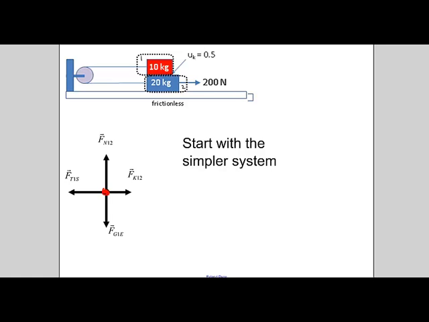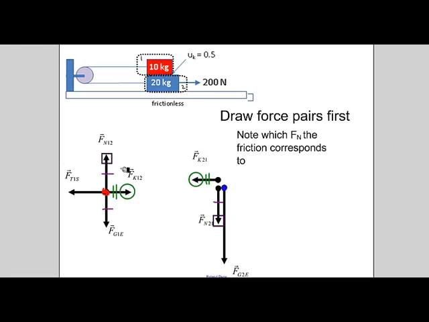The next thing we do is move on to the next force diagram. There are going to be more forces, but before we get into those, just draw the things that you know have to be there. So obviously the gravitational force pointed down. The next thing you should think about is, are there any force pairs from the first force diagram that should also show up here? In this case there are 2.